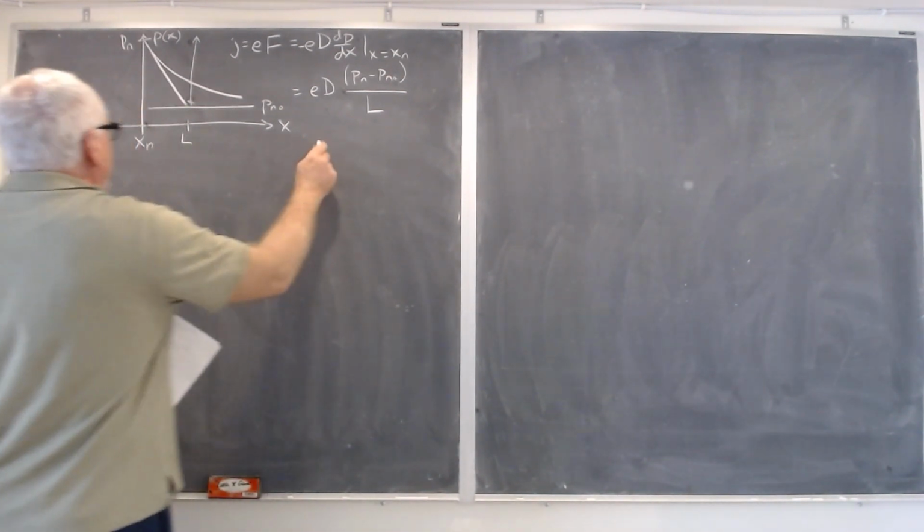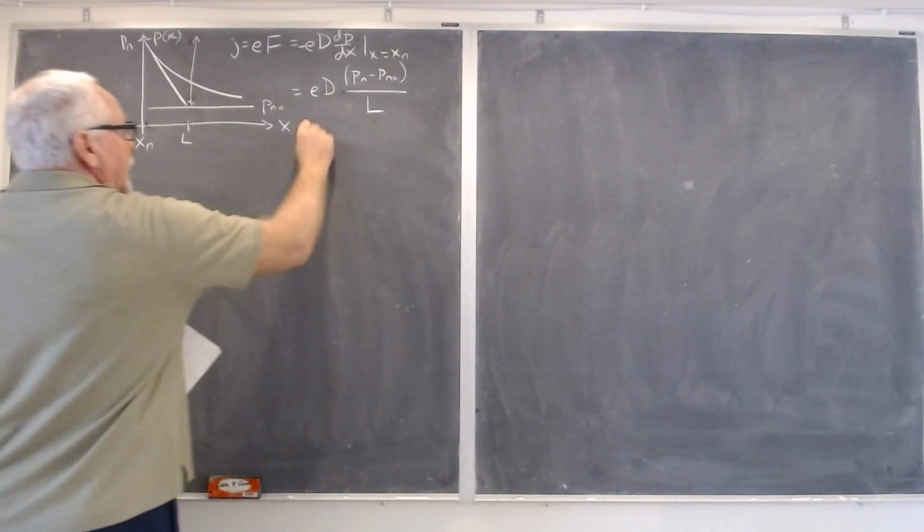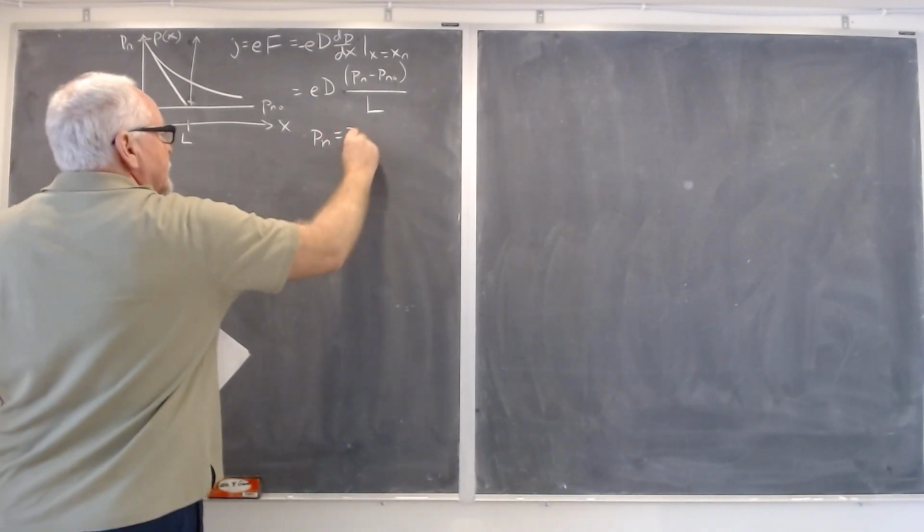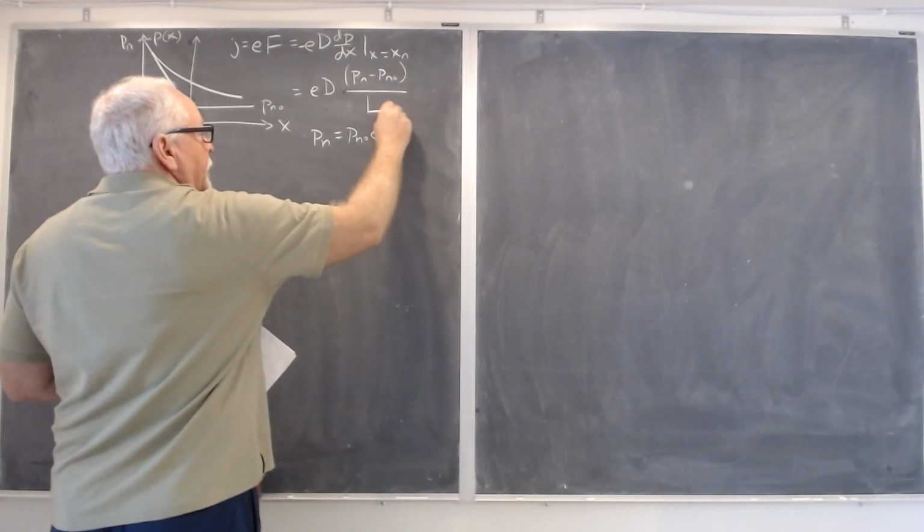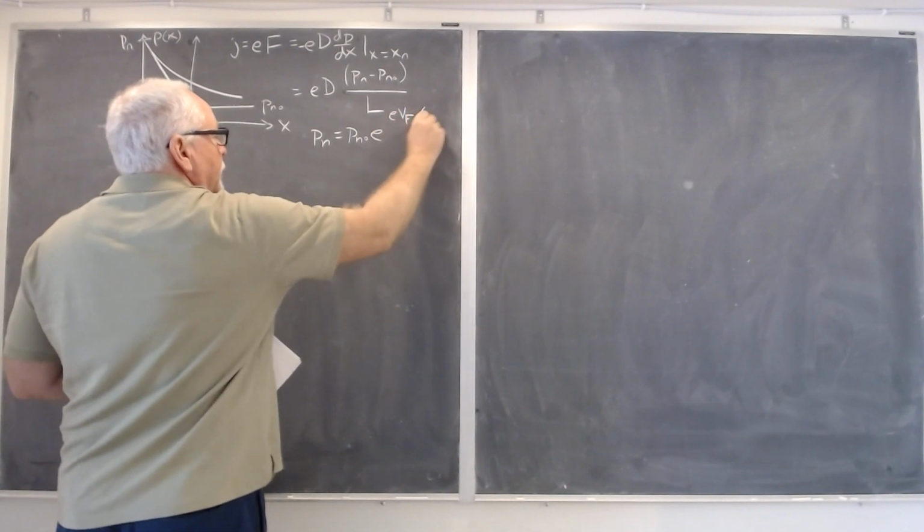All right, and then we use our formula that Pn is Pn0 times e to the e Vf over kT.